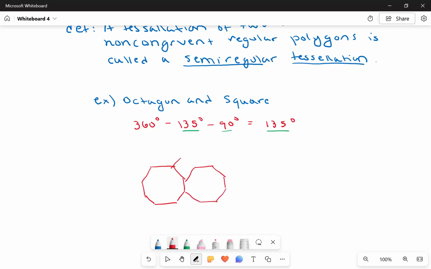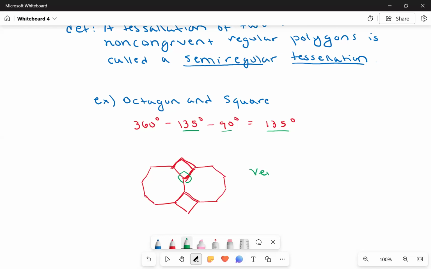And this, if I had drawn it well, would have been a square. And this down here is another square. Oops, let's not make it look weird and wonky. There we go. So this is supposed to be 1 octagon, 1 octagon, 1 square. And those form the 360 degrees.